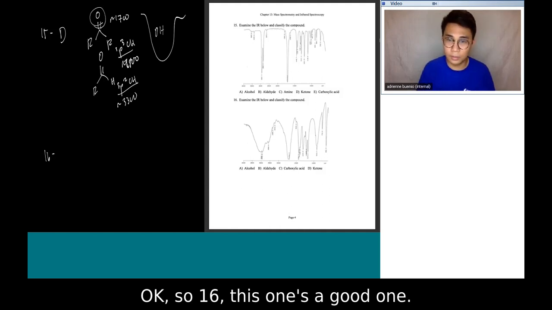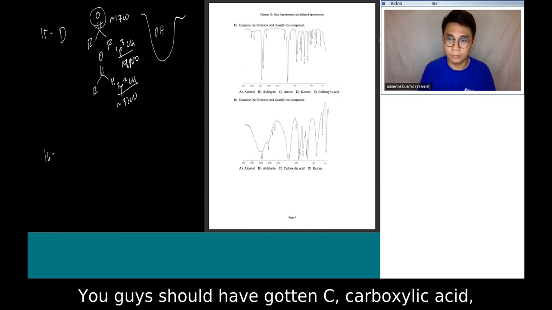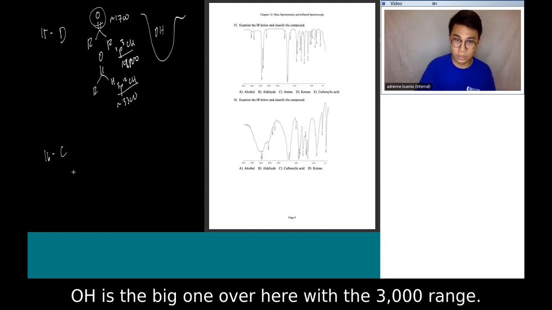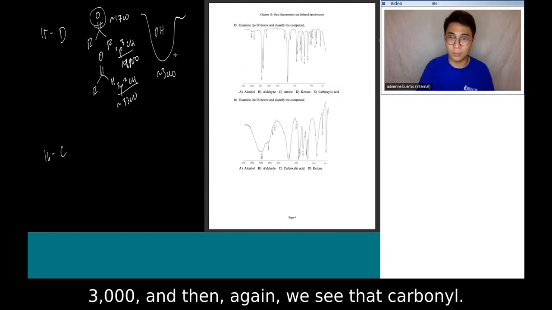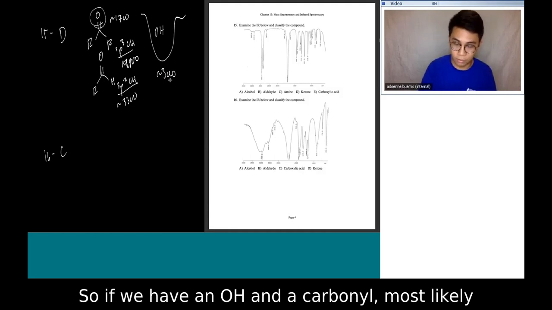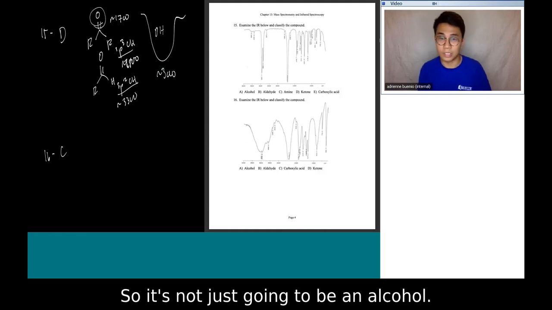This one's a good one. You guys should have gone C, carboxylic acid, right? And we just talked about it. OH is the big one over here in the 3000 range, and then again we see that carbonyl, right? So if you have an OH and a carbonyl, most likely carboxylic acid. So it's not just going to be an alcohol.